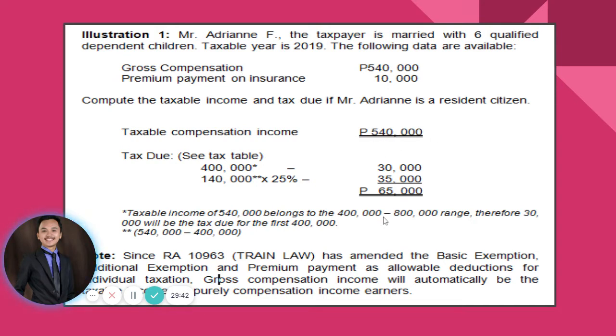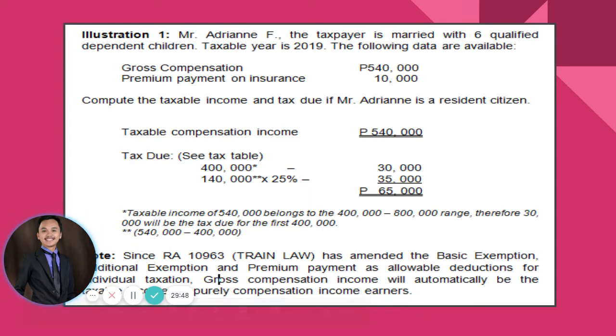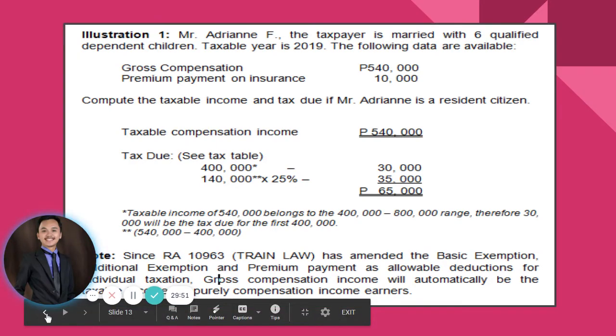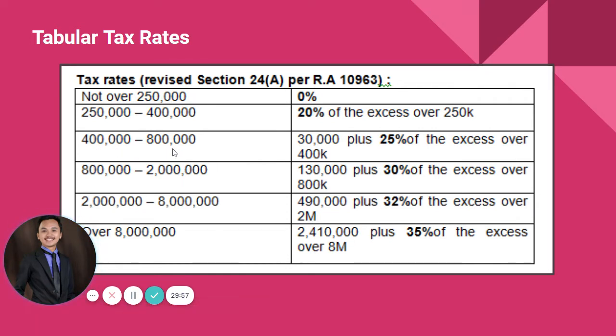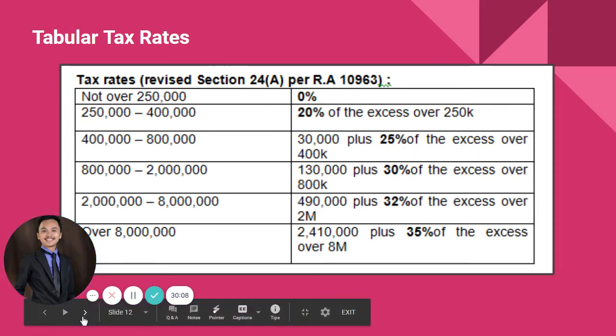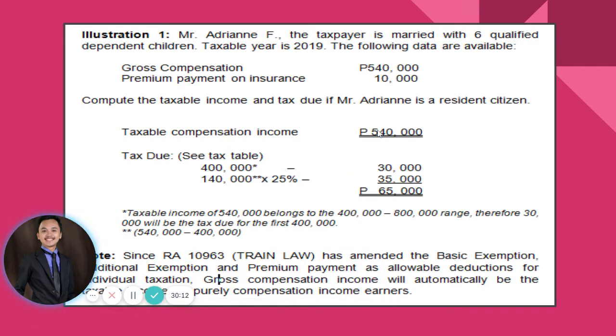So let's try to compute for the tax due. Let's go back first to the tax table. Let's find out where that 540,000 belongs. In the previous table, your 540,000 belongs to the 400 to 800 range. So the tax due is 30,000 plus 25% in excess over 400. Okay? So let's go back to the problem. Your taxable income is 540,000.